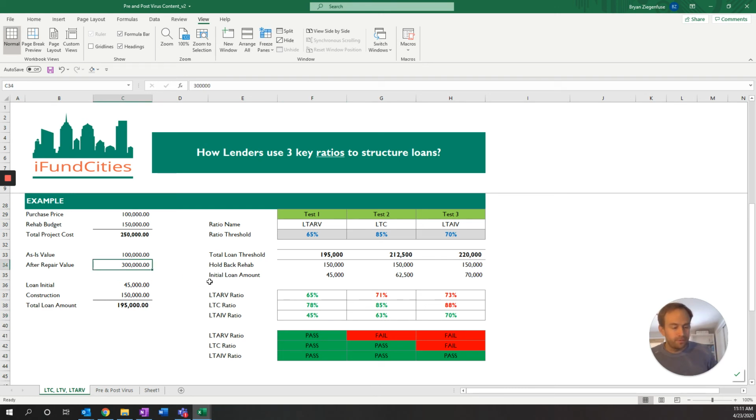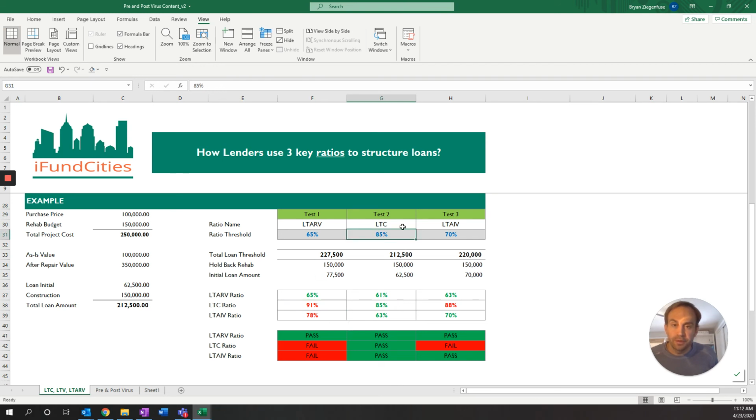Let's say it's worth a little bit more, and we go to $350,000. So now the after repair value appraisal came back at $350,000. A much better deal here. It passes the loan to ARV threshold. However, loan to cost and loan to as-is, it does not pass.